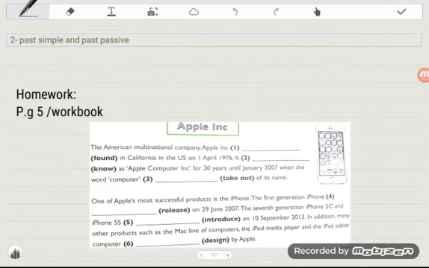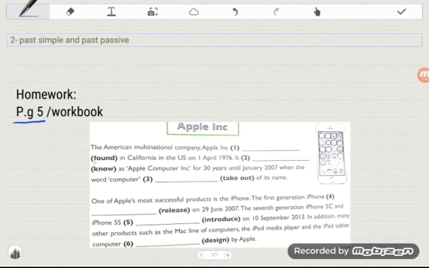Okay, the last thing is your homework, guys. Your homework is page 5 in your workbook, and this is a picture of your homework. Here you have a paragraph, and the past passive verbs are not given.